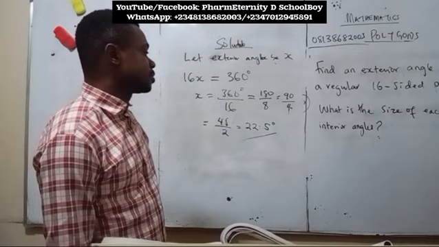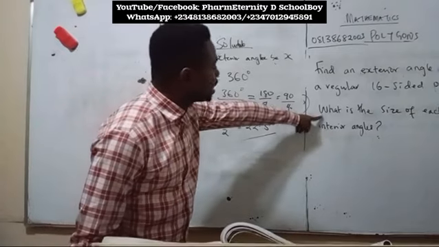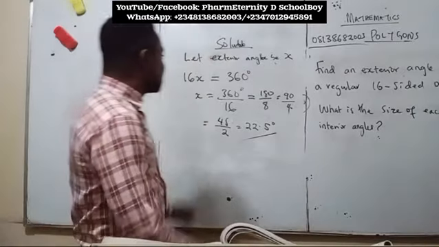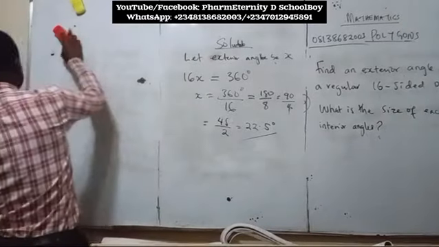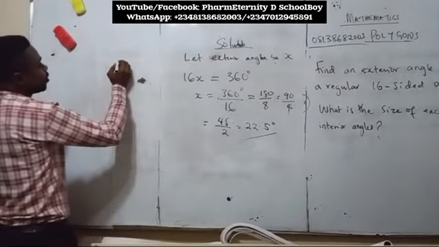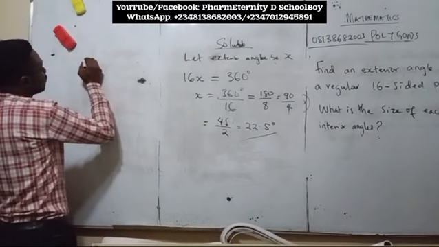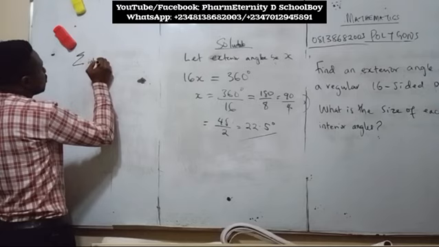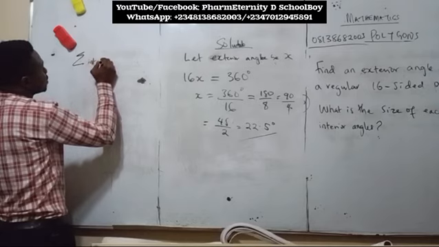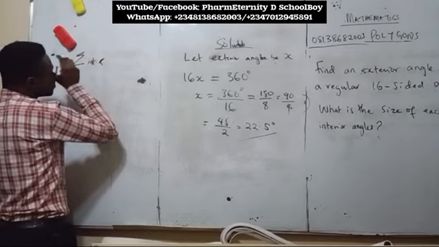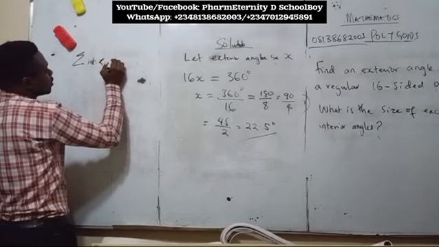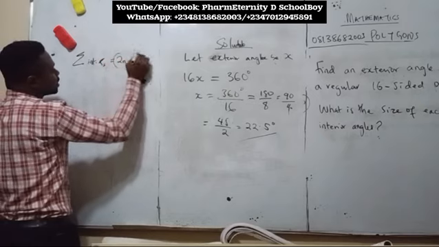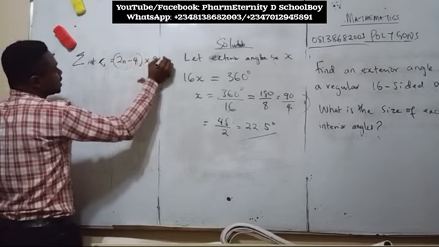degrees. Now, the next question says, what is the size of each of its interior angle? Remember, these two formulas are very important. For interior, the sum of interior angles is 2n minus 4, times 90 degrees.